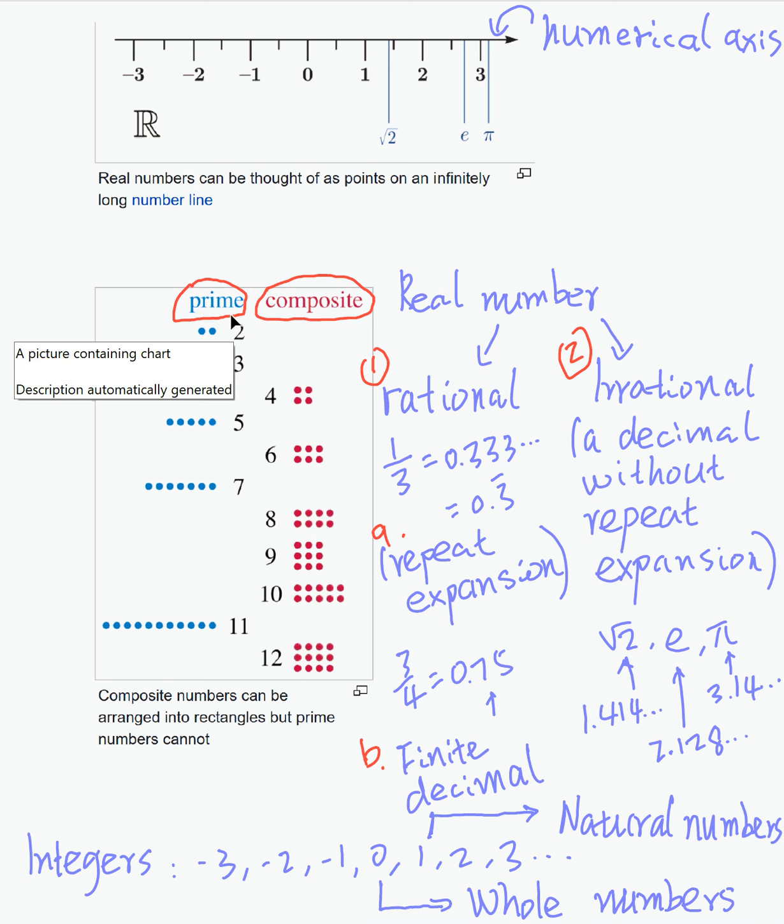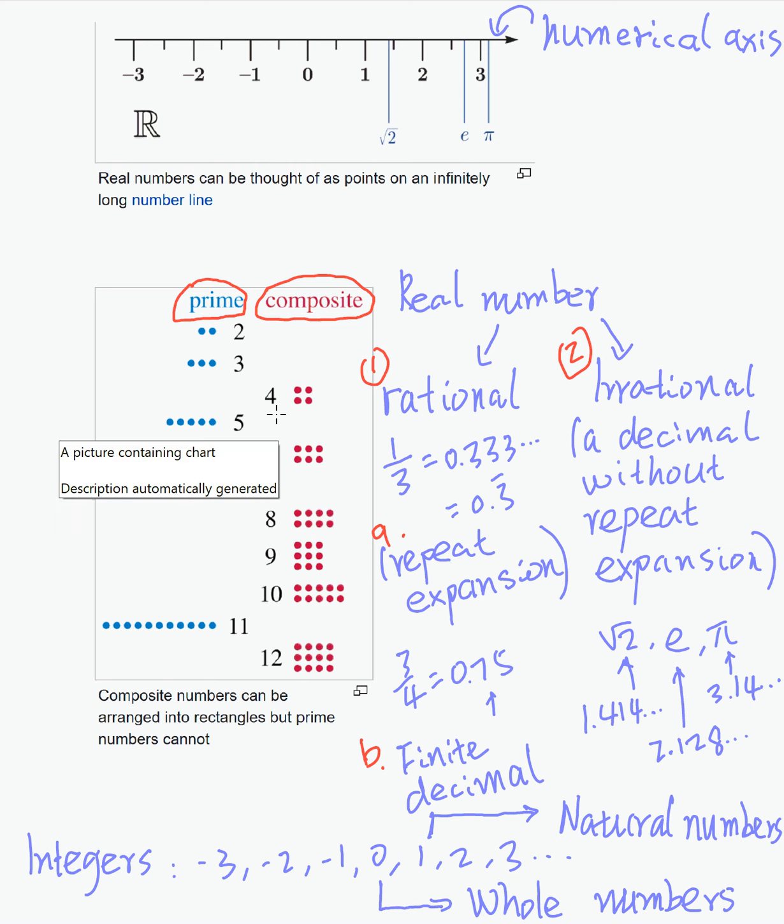And then when the number is greater than 2, there are two categories. One is prime number, another is composite number. What's the meaning of prime number? Prime numbers are like 2, 3, 5, 7, 11. You can see the remark right here. Composite numbers can be arranged into a rectangle, but prime numbers cannot. You can see 4, there are 4 dots. 6 is a composite number.